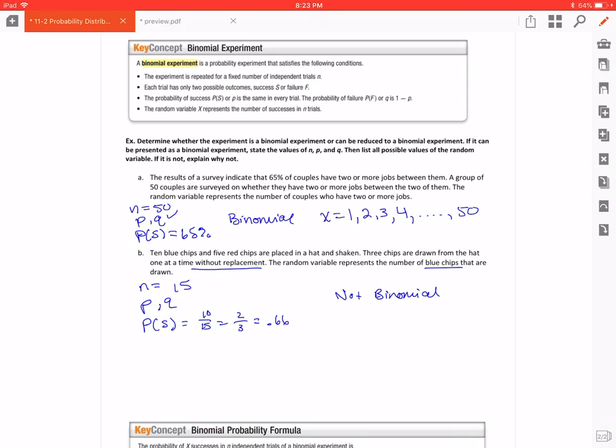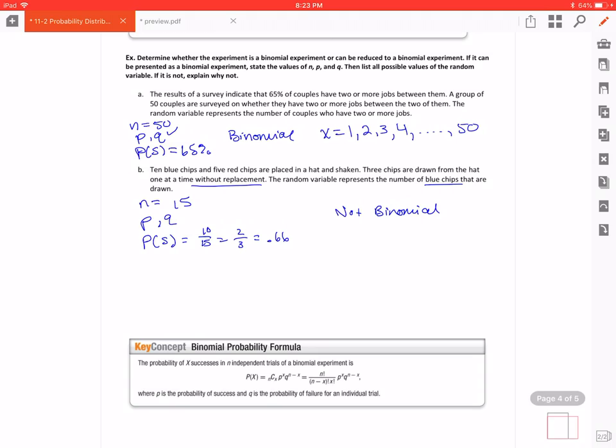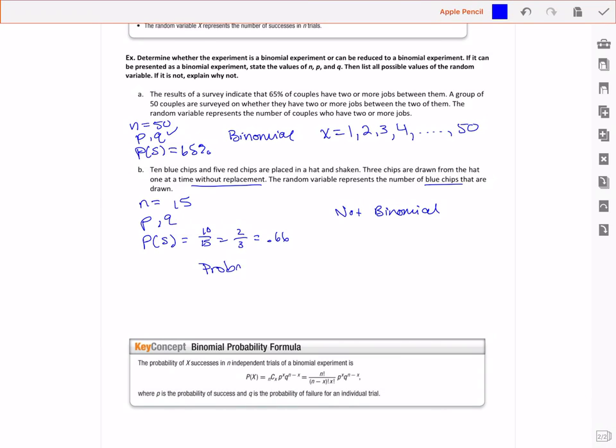Okay, so that's how we can look and see if they're binomial or not. This should give you good reason: probability of success is not the same for every trial.